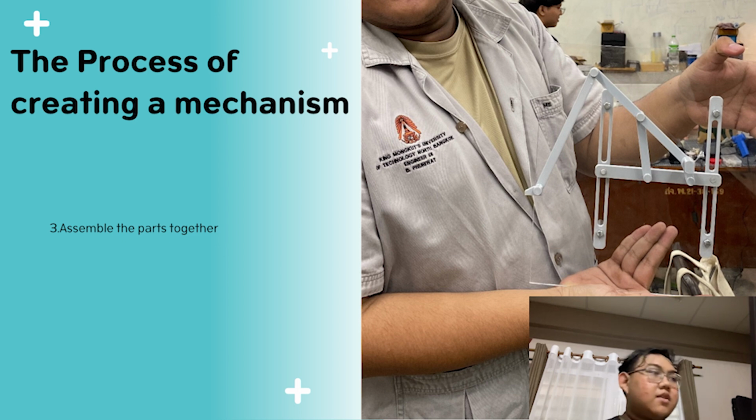In the third step, we will begin assembling the components. First, we will take the base link and attach it to the input link. We use a pin to secure the back of the assembly.